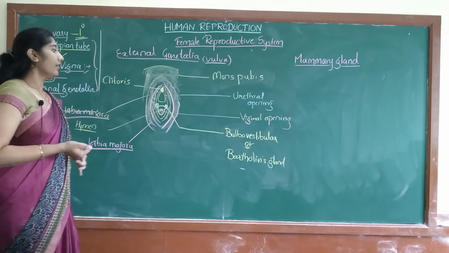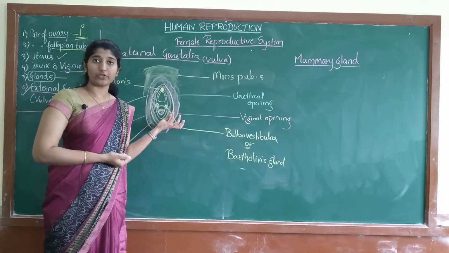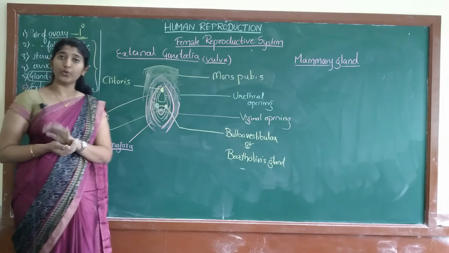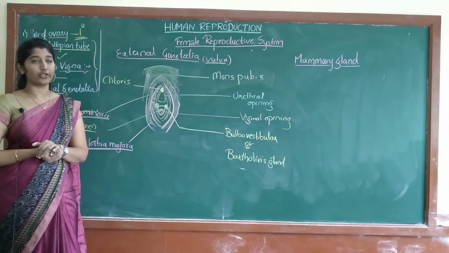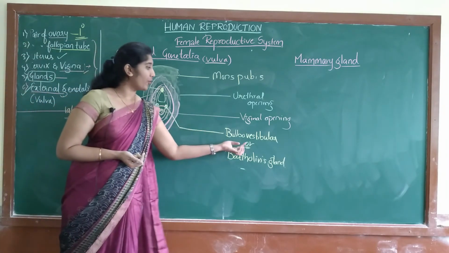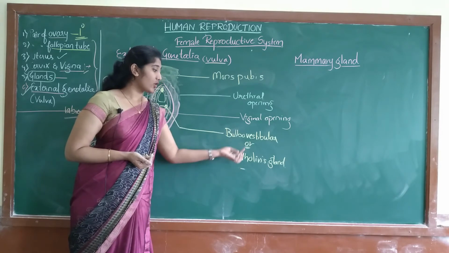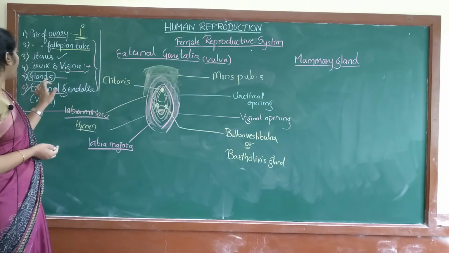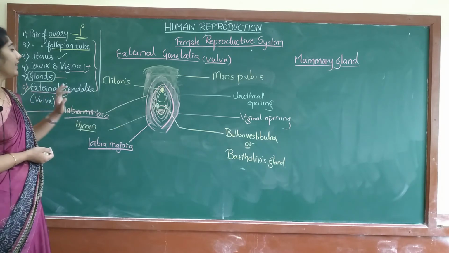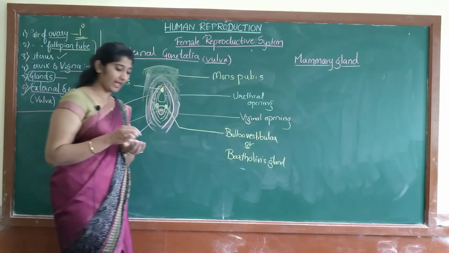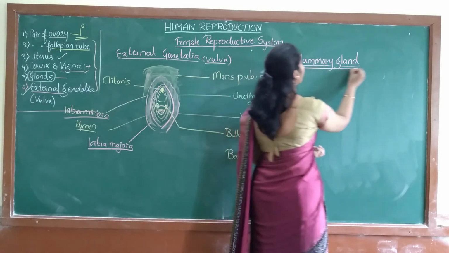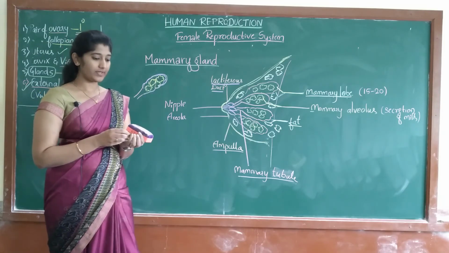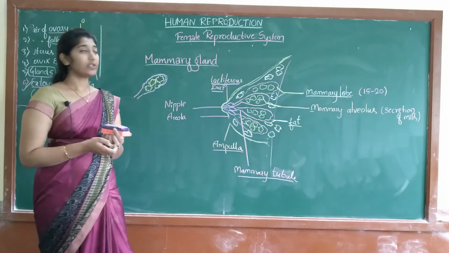These glands are helpful in mucus secretion, which acts as a lubrication during sexual intercourse. So this is about the bulbovestibular gland, also called Bartholin's gland. This is the first gland, and the most important gland is the mammary gland. Next we will study the mammary gland.